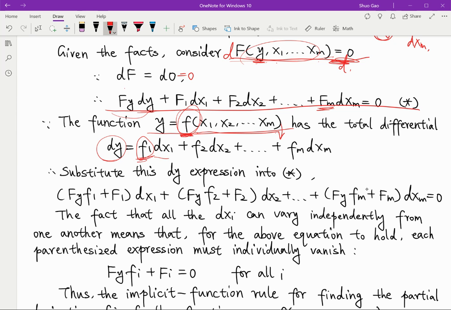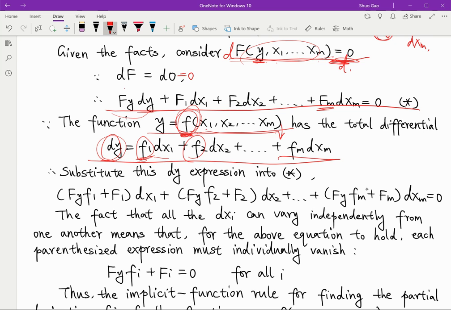So f1 is the partial derivative of the little f with respect to x1, and f2 is the partial derivative of the small f with respect to x2. Right? So this equation is the total differential form of dy, if we know the explicit function form.